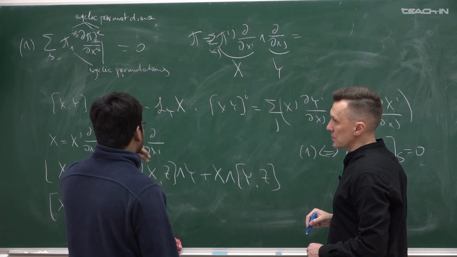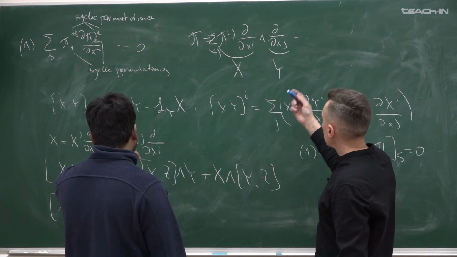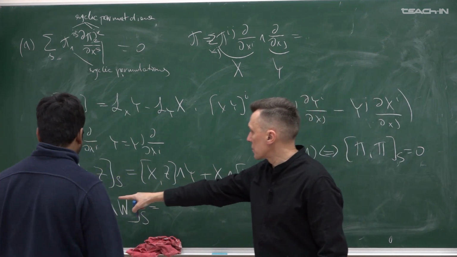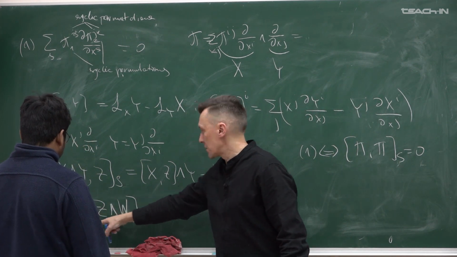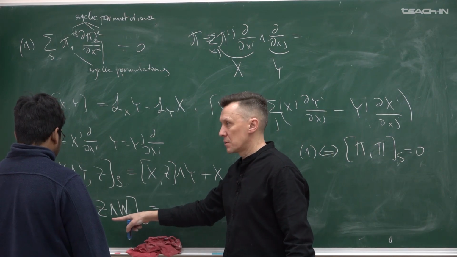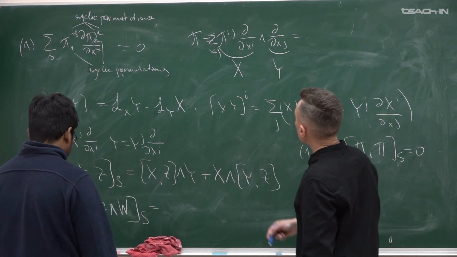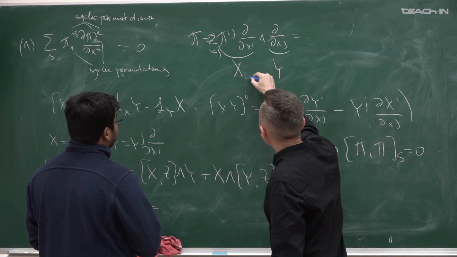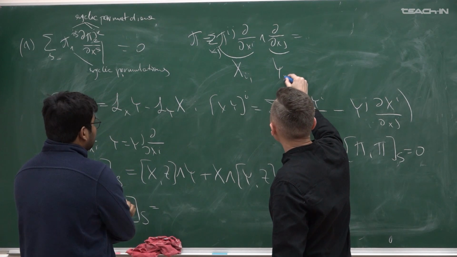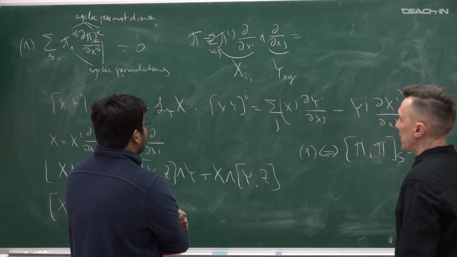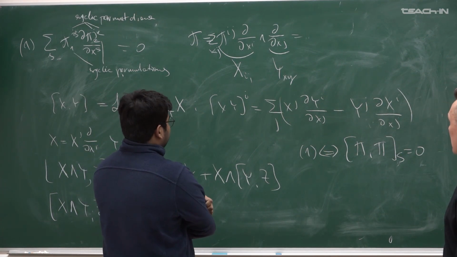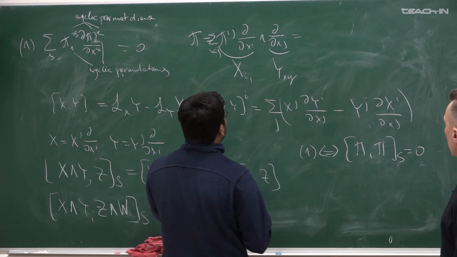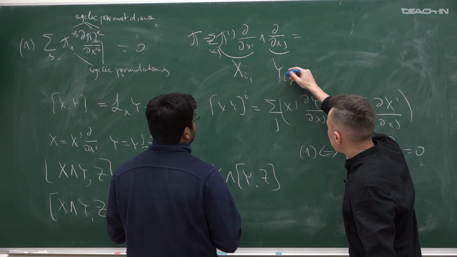Yes, and calculate the bracket between such a decomposable bivector and another one. So the sum X_ij, Y_ij.